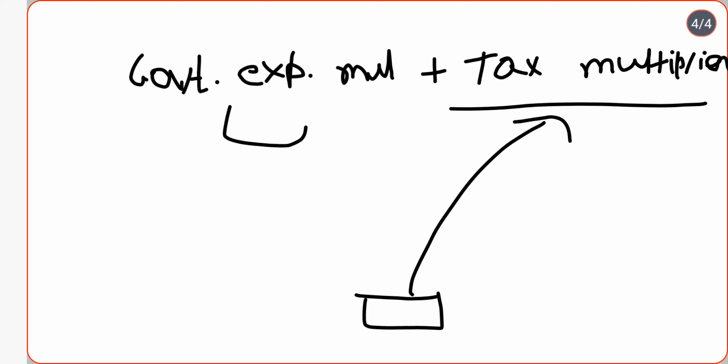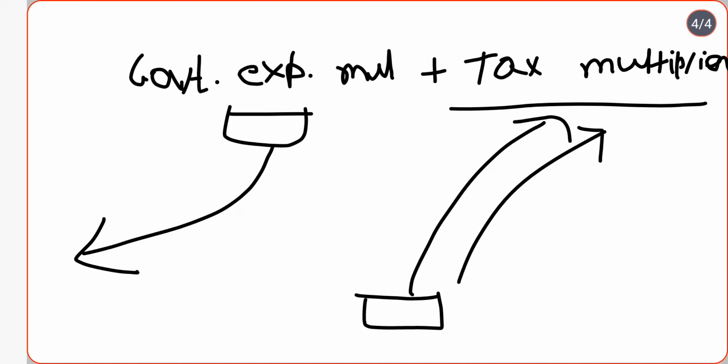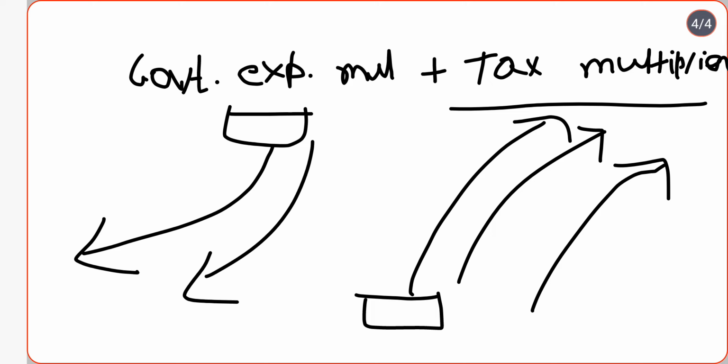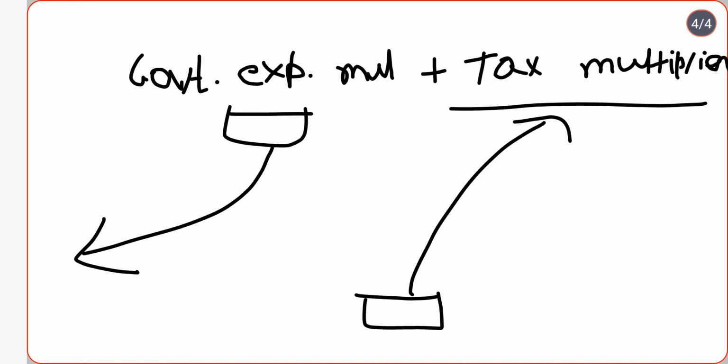So this is a leakage from the government perspective, and this is an injection from the government perspective, because the tax multiplier tells us how much money people are giving to the government in the form of taxes. This money is coming to the government, and this money is going out from the government's store of money. Now, if we add both, what will happen?